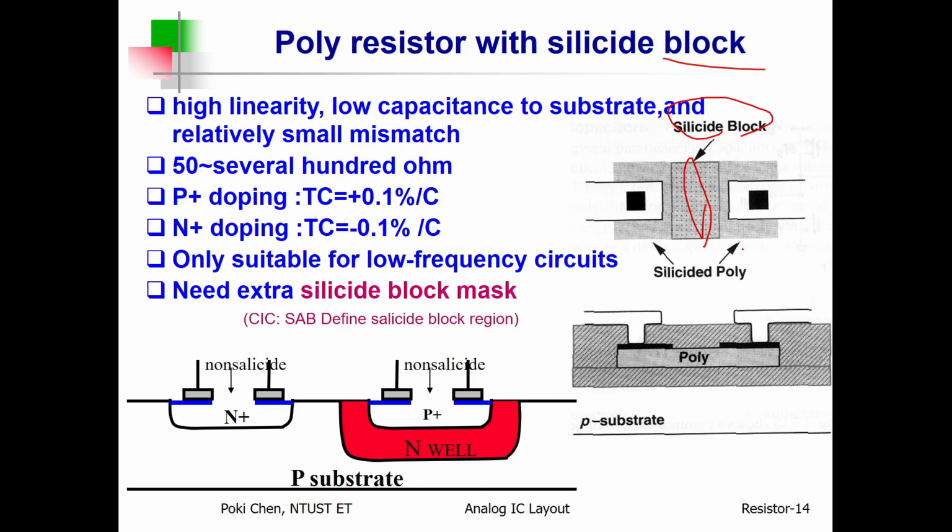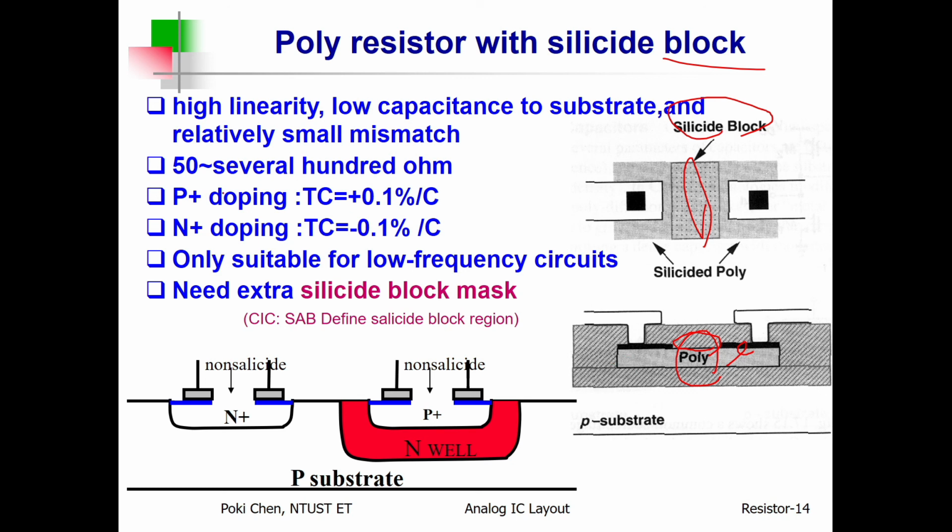And after fabrication, you can see, wow, for polygate, no metallic compound here, right? So it really means the overall resistance in this area will be much higher than the other area. In this way, we can enlarge the resistance very, very much.